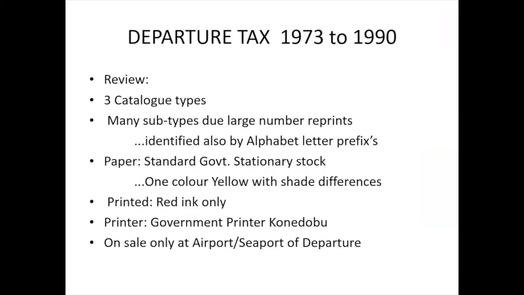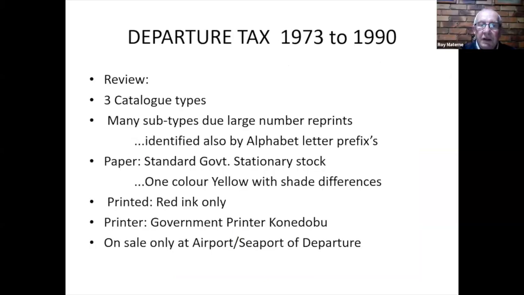Okay, a quick review. Three catalogue types, with main subtypes due to large numbers of reprints, also identified by the letter prefixes. So you can identify reprints by the size of the labels, the size of the lettering, the distance apart between the lines of lettering, and also by the alphabet letter prefix.